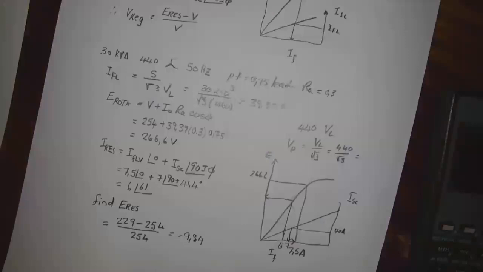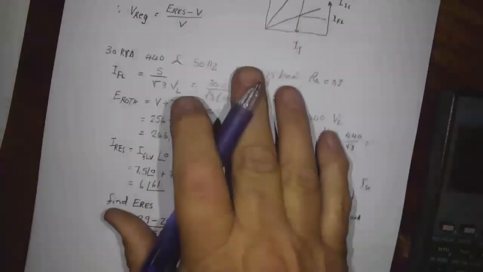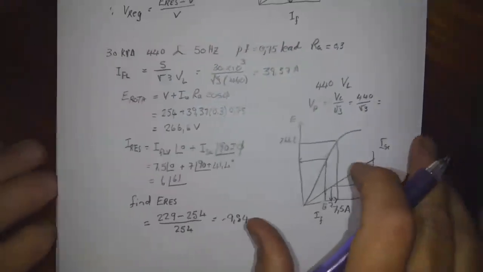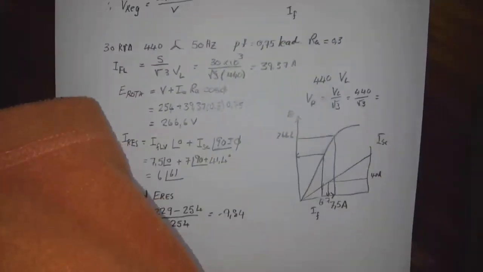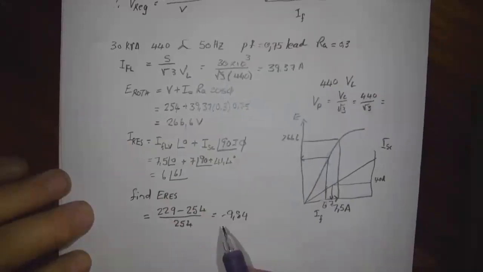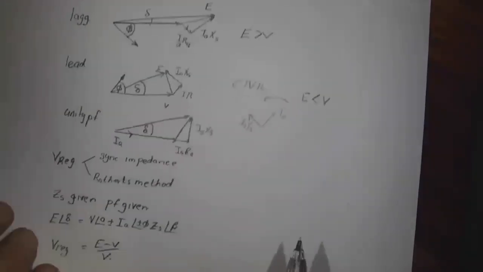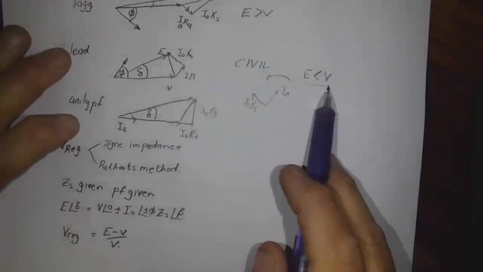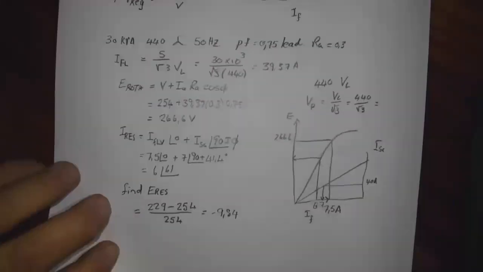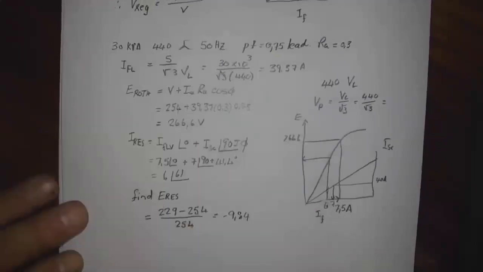Now, what do you see from this? This means that E is smaller than V, which we said for a leading power factor, E will be less than V. Right. That is the Rothert method.